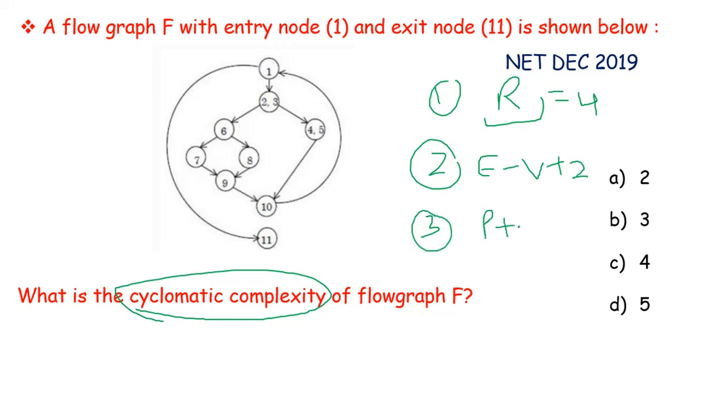Cyclomatic complexity equals to number of predicate nodes plus 1. In the previous question we have already calculated number of predicate nodes, it is 3 plus 1. You may use any one of these formula and you will get same answer, that is 4. So our correct option will be option C.